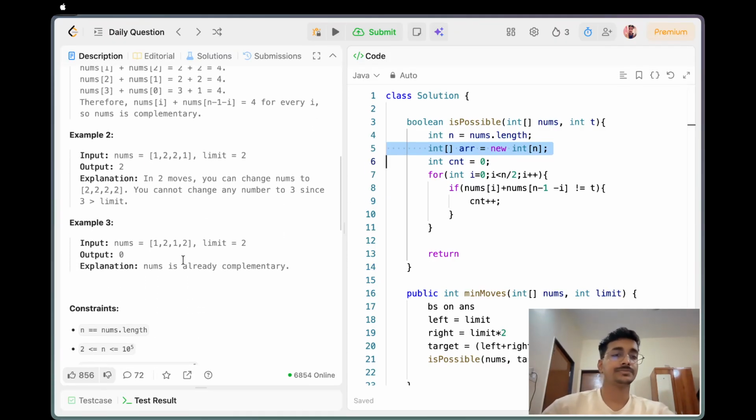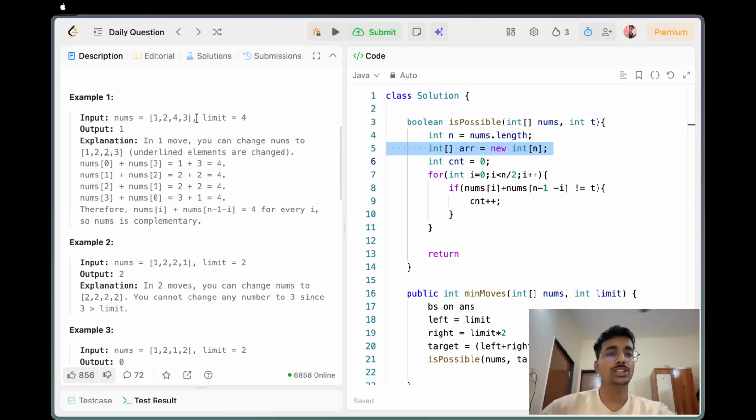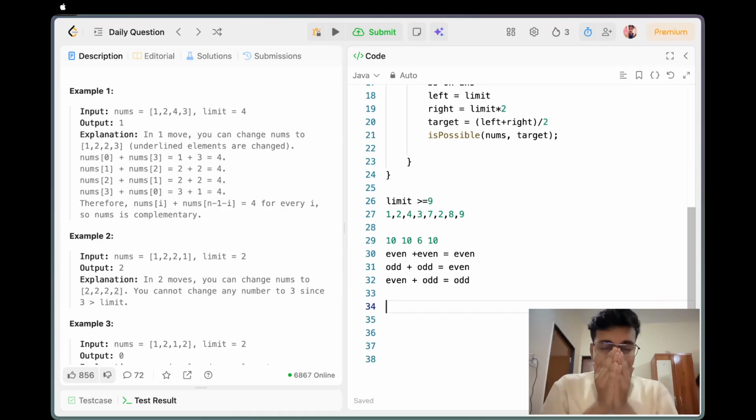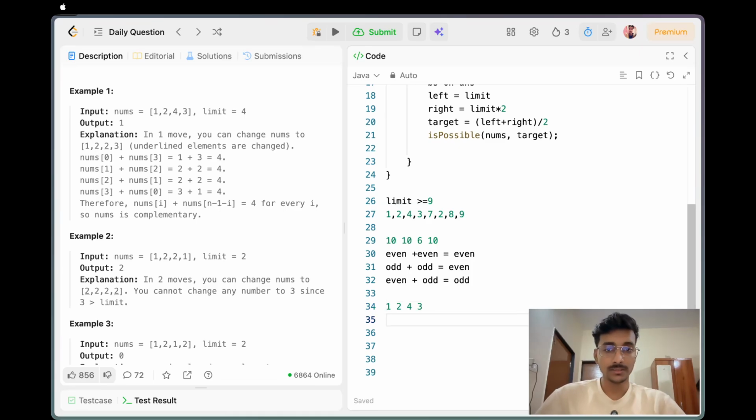Okay, wait. Let's say I have 1 2 4 3. Difference array is 1 and then 2.